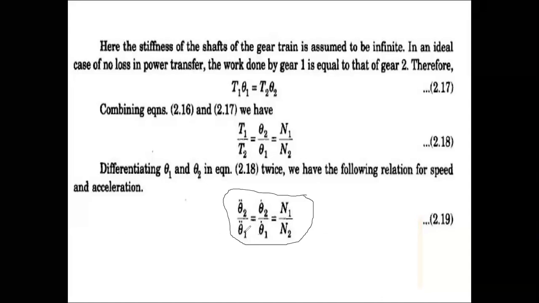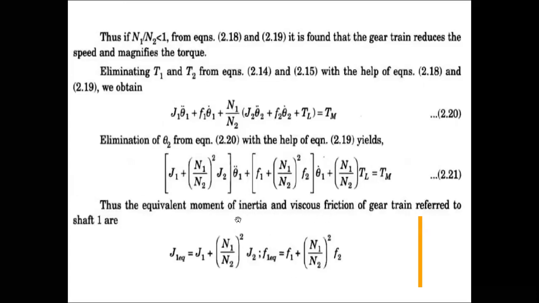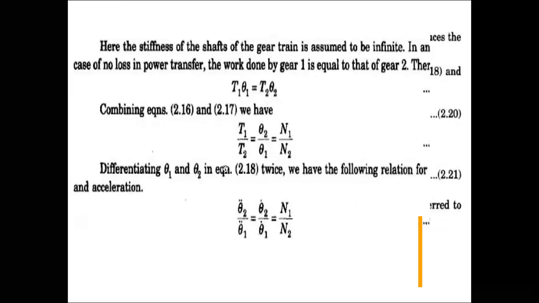Theta 2 double dot equal to N1 by N2 into theta 1 double dot. Similarly, theta 2 dot equal to theta 1 dot into N1 by N2. That relationship, you just take cross multiplication, that can be taken. Is it okay? Now, if you take that and substitute in the equation, which equation?